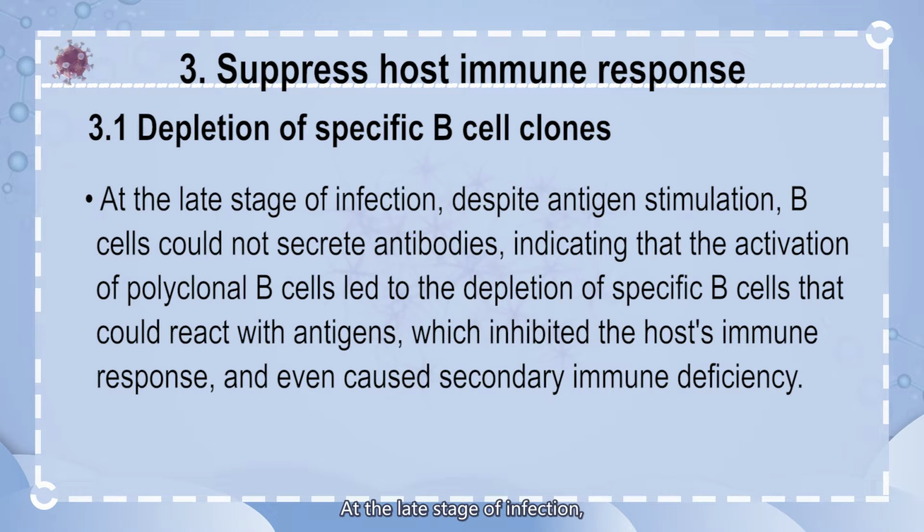At the late stage of infection, despite antigen stimulation, B cells could not secrete antibodies, indicating that the activation of polyclonal B cells led to the depletion of specific B cells that could react with antigens, which inhibits the host immune response and even causes secondary immune deficiency.